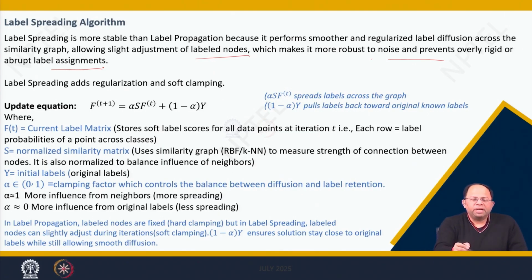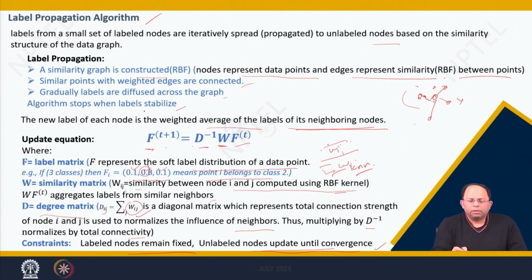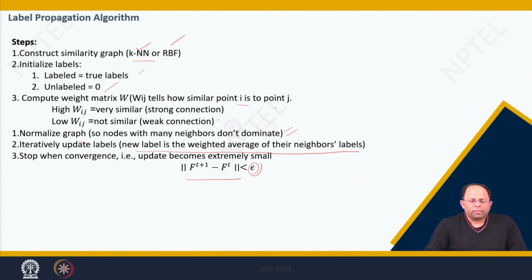So label spreading adds regularization and soft clamping, right? Now, what is this soft clamping? What is this regularization? Basically, instead of only one part in the previous example, here there are two parts to the equation.